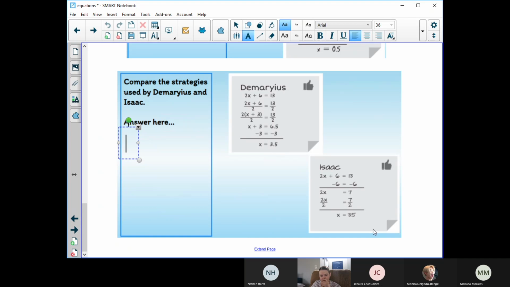Demarius has 3.5. It's a little hard to see, but Isaac has 3.5.